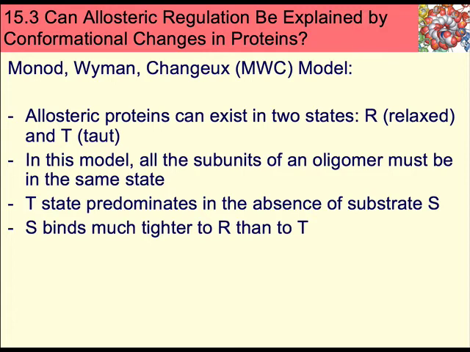Now, there's really nothing relaxed or taut about these particular conformations, but those terms were used to describe these proteins, and you should just remember that the classic Monod-Wyman-Changeux model refers to R and T states, and the letters actually came from relaxed and taut. In this model, all the subunits of an oligomer have to be in the same state, and the T state predominates in the absence of substrate, and the substrate binds much tighter to R than to T, as it turns out.